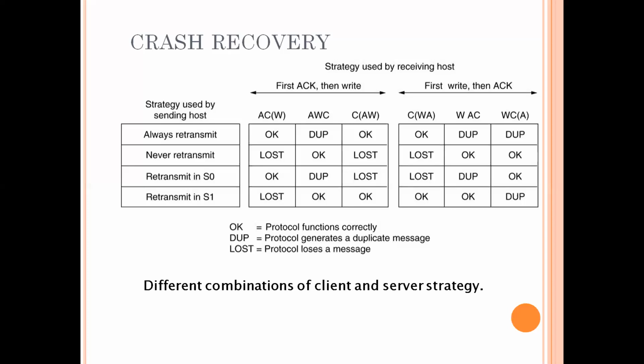Here, the strategy used for the sending host is always retransmit. First acknowledgement, then write. Retransmit in S0: send 2 messages, acknowledgement of both received, no outstanding packet is present. Retransmit in S1: sends 2 messages, acknowledgement of only one received, here an outstanding packet is present.